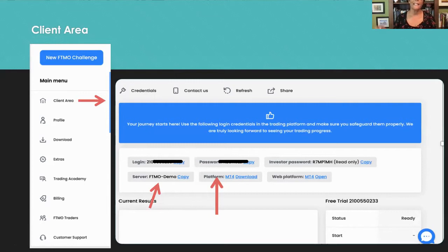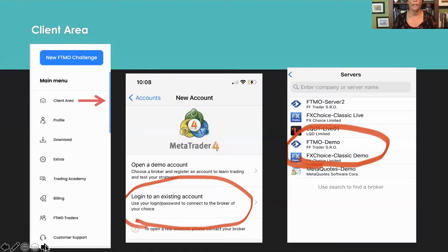The next thing is to plug that login and that password into your MT4 account. So you would go over to MT4, and you'll see a screen that looks something like this. You click on new account, and it'll ask you if you are wanting to open up a demo account.